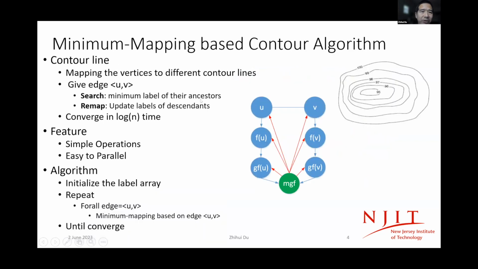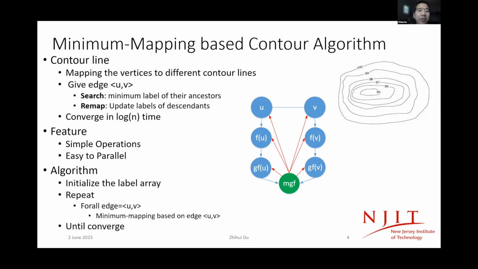For our method, we abstract the problem as a counting-line, meaning that we map the different vertices to different counting-lines. Our minimum mapping operator is very simple. For a given edge U and V, first, we find the minimal label of the ancestors.